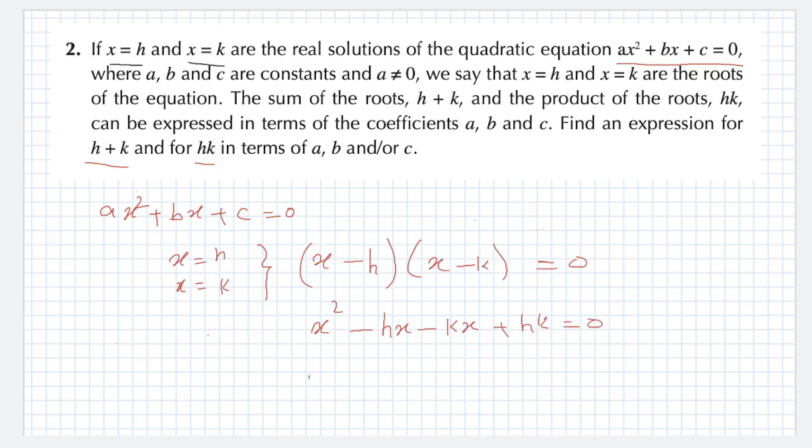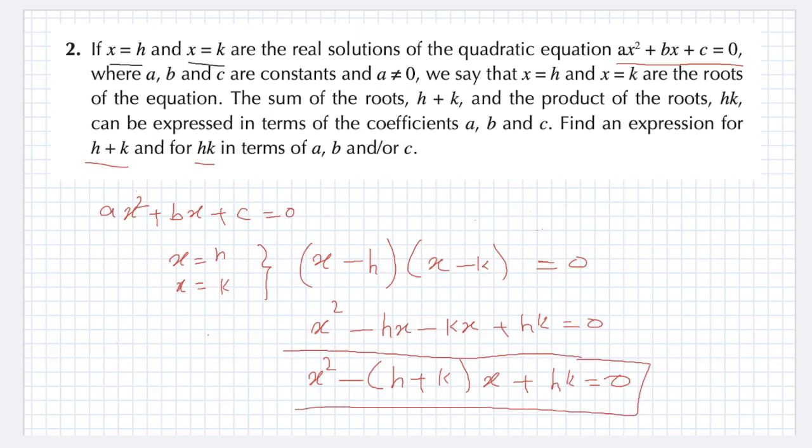So we can write it down in terms of, we take minus common, x square minus h plus k x plus hk is equal to 0. So this is a beautiful form of the equation because it gives me hk and it gives me h plus k, which I'm going to find out in terms of a, b and c. Let me call equation 1.